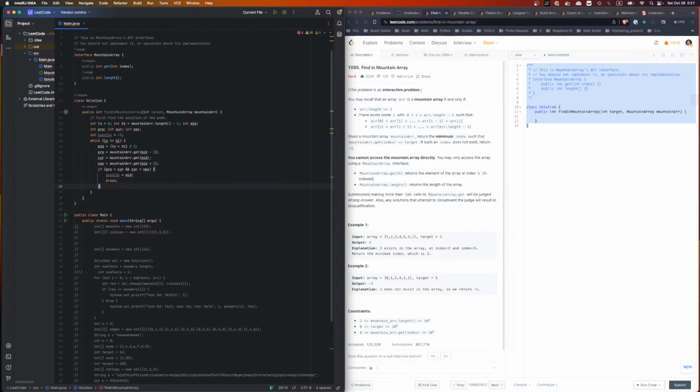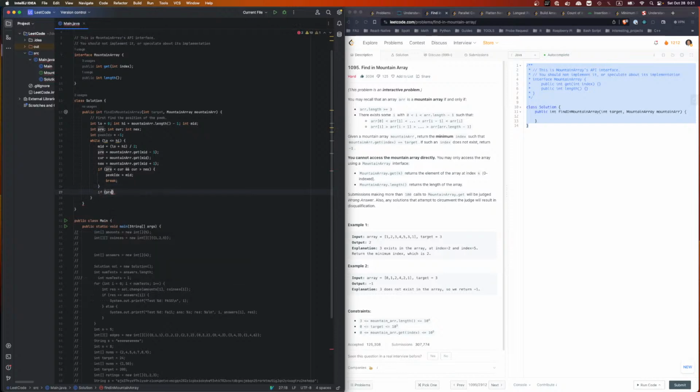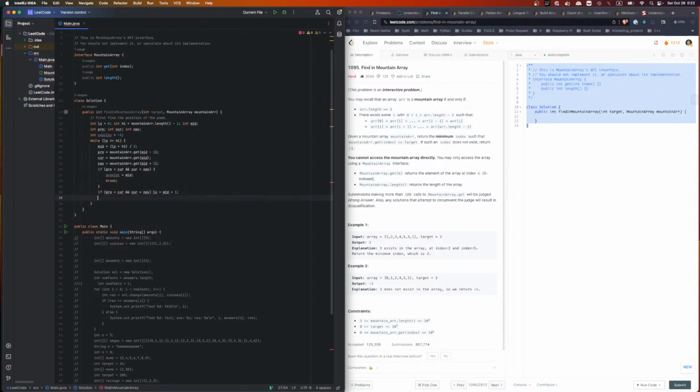Done. Otherwise, if pre is smaller than current and current is smaller than next, what do we do? When that happens, it's on the left hand side, the increasing slope, so low shall equal mid plus 1. Else, the only other possibility is that pre is larger than current and current is larger than next.